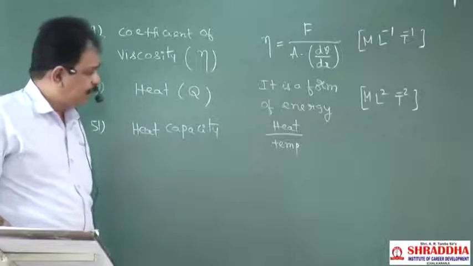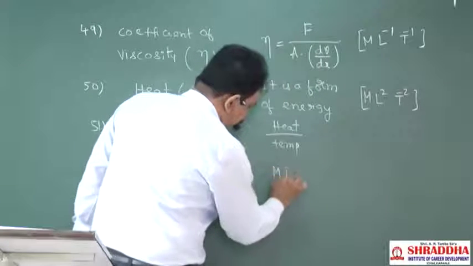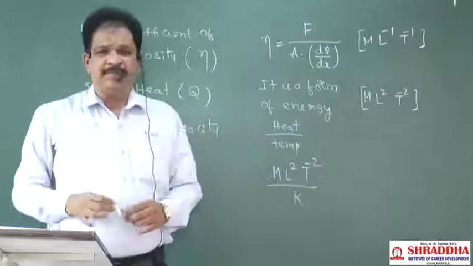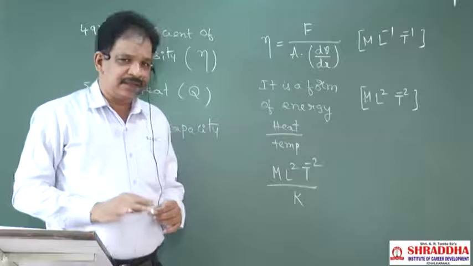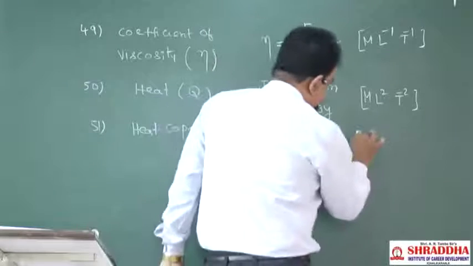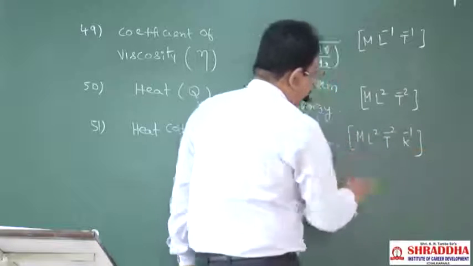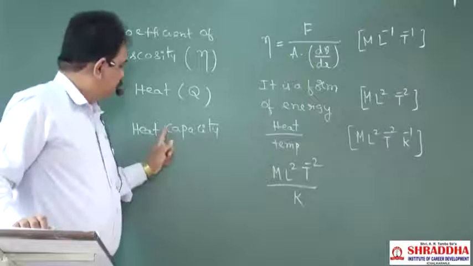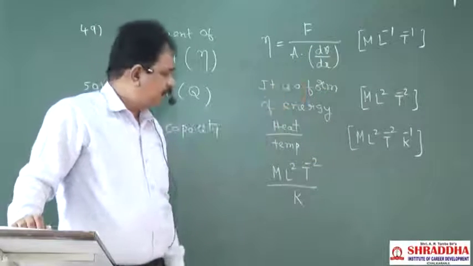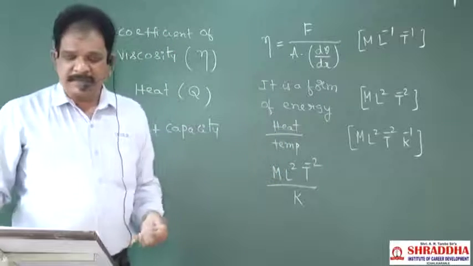This will be heat by temperature. Heat dimensional formula M L square T power minus 2. Temperature dimensional formula K or theta, we can use any one. So here what comes is M L square T power minus 2 K power minus 1. Heat capacity dimensional formula will be M L square T power minus 2 K power minus 1.